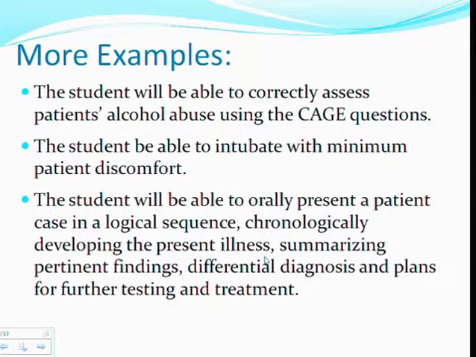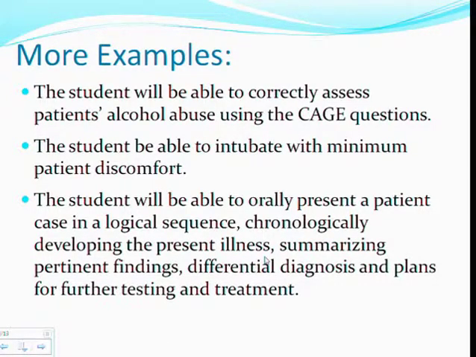using the CAGE questions. This particular example includes communication, documentation, and interpersonal skill sets. The second one, the student will be able to intubate with minimum patient discomfort, includes both technical and procedural types of skill areas.